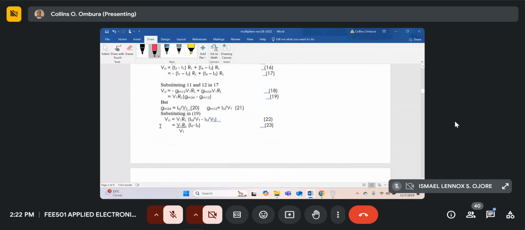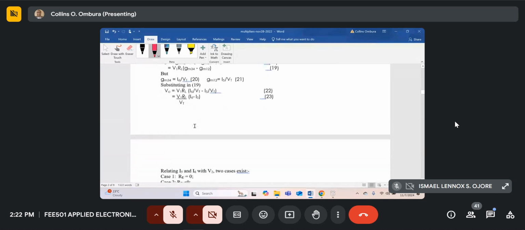So equation 23 is our general output equation, but we're going to find out how I5 and I6 are affected by V2.